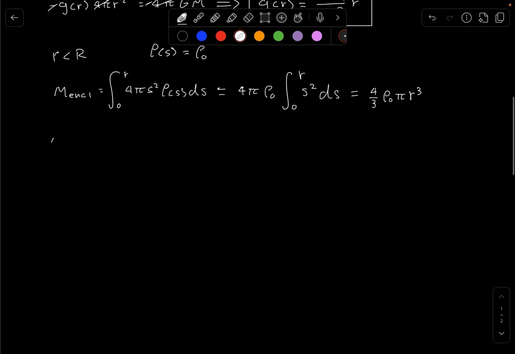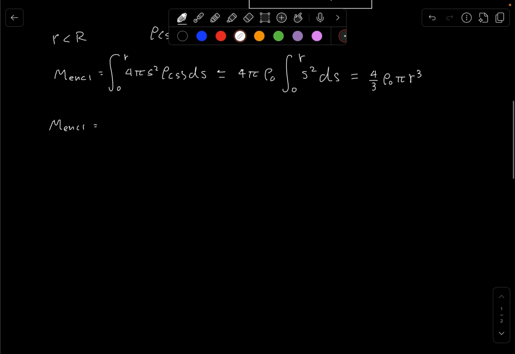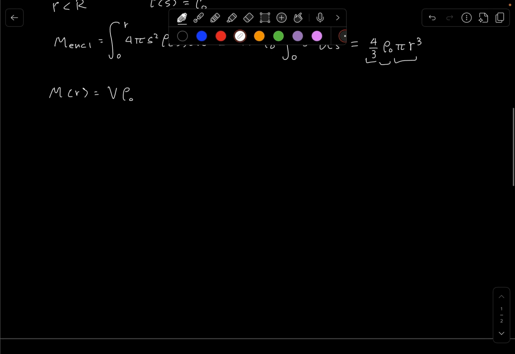And if you notice, this matches the mass enclosed, m of r, which is equal to the volume times the mass density, V rho naught, which is pretty cool.